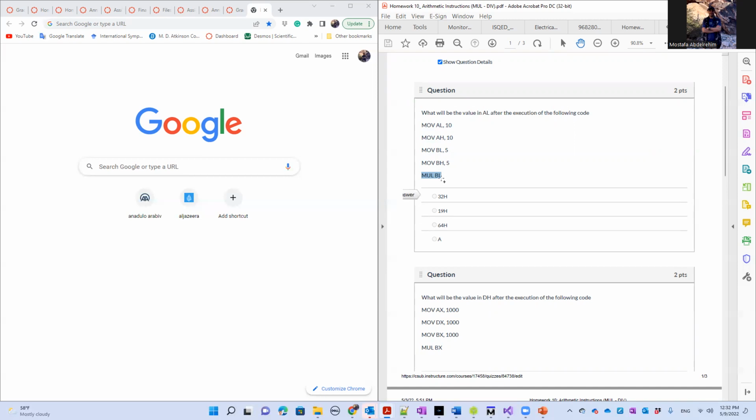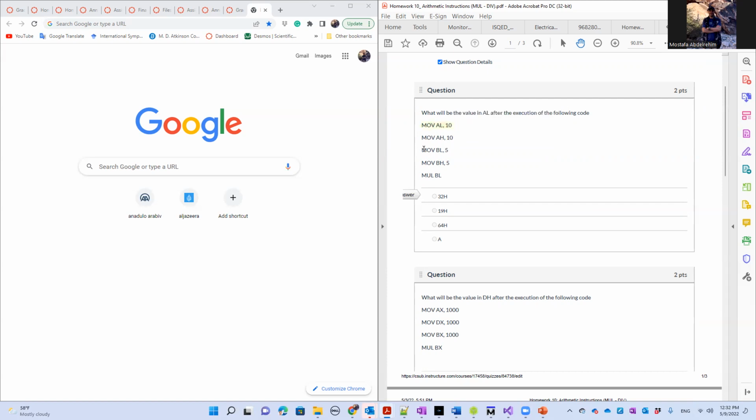In that case we say MUL BL. That basically means multiply BL by AL, so it's a byte by byte multiplication. We're going to multiply 5 by 10.